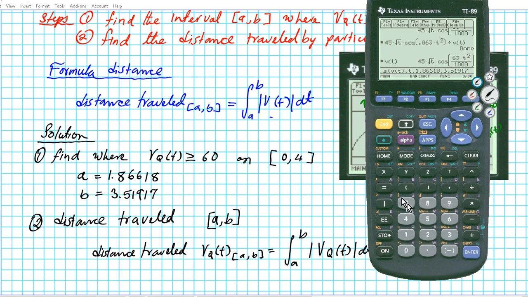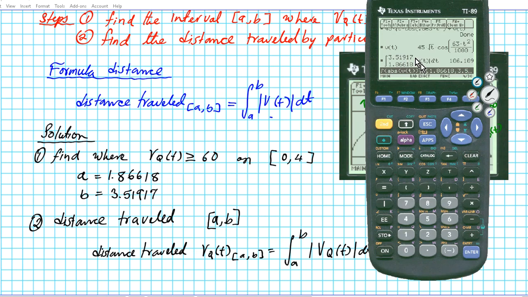And then upper bound is 3.51917. Now if you look at my grouping, I didn't close my absolute value, so let me go ahead and close that so I don't get a syntax error. Alright, so we're looking at the absolute value of V of t, so encapsulate that in your parentheses. Then the variable you're integrating with respect to, lower bound, upper bound. Diamond, enter for an approximate answer. 106.109.